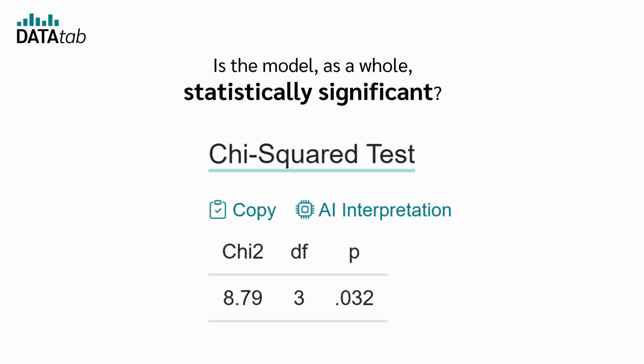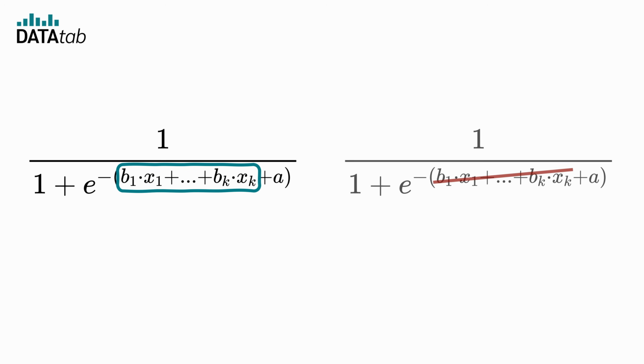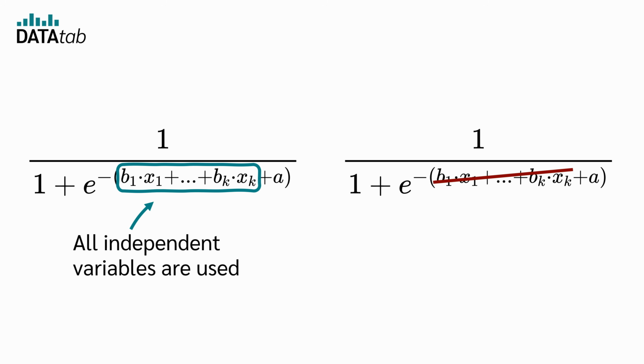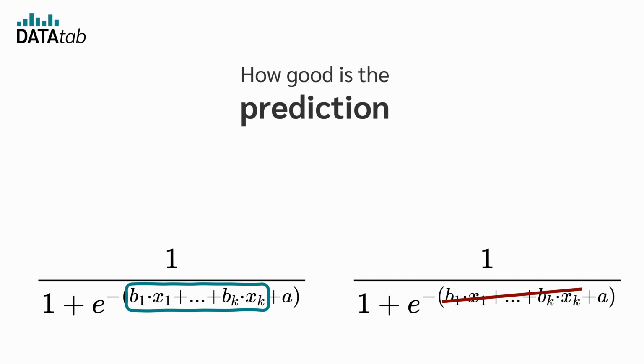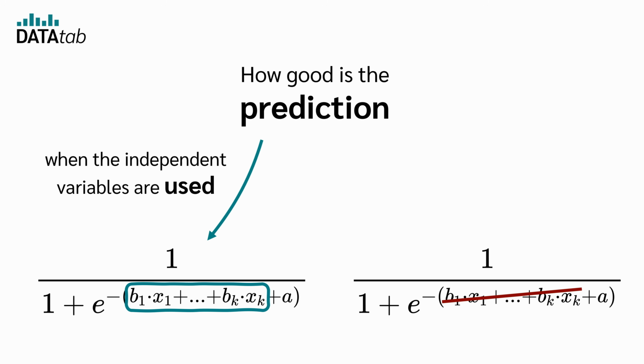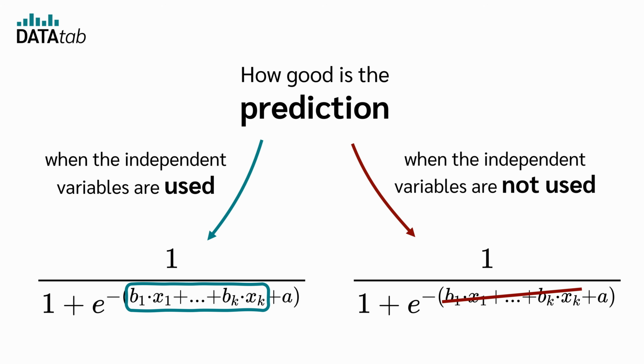The chi-square test evaluates whether the model as a whole is statistically significant. For this, two models are compared. In one model, all independent variables are used, and in the other model, the independent variables are not used. Now we can compare how good the prediction is when the independent variables are used and how good it is when the independent variables are not used.